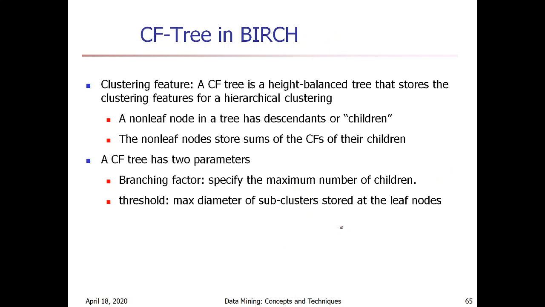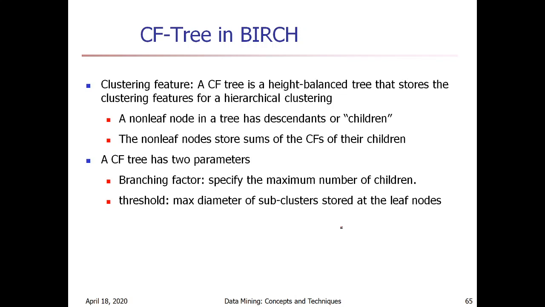So coming to the BIRCH method, here it is represented in the form of a balanced tree. In this balanced tree, the non-leaf nodes will contain the clustering features. It will always store the sum of the clustering features, and it will also store the branching factor and the threshold values.